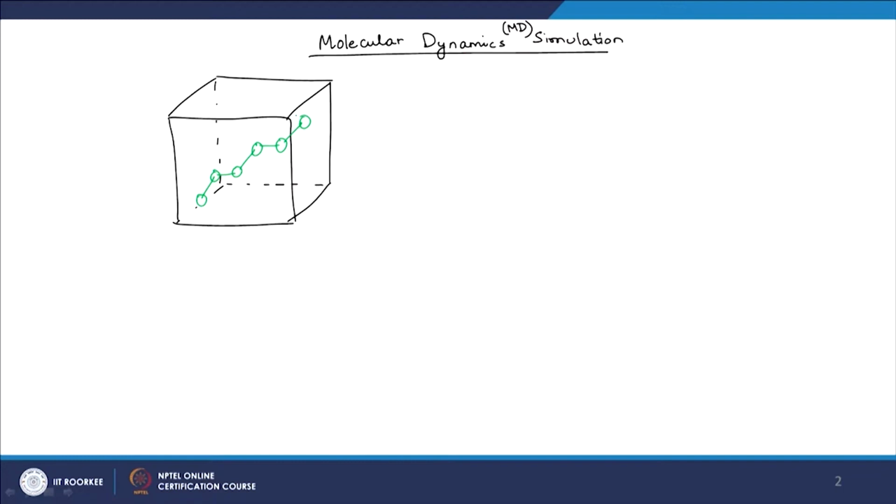Now however, what we do is we do not look at the energy of this conformation. What we look at is how much force is being experienced by each of the bead, and using Newton's laws of motion, that tells me F equal to ma, we update the position of particles. So it is like a system of particles which are simply moving by Newton's laws of motion.